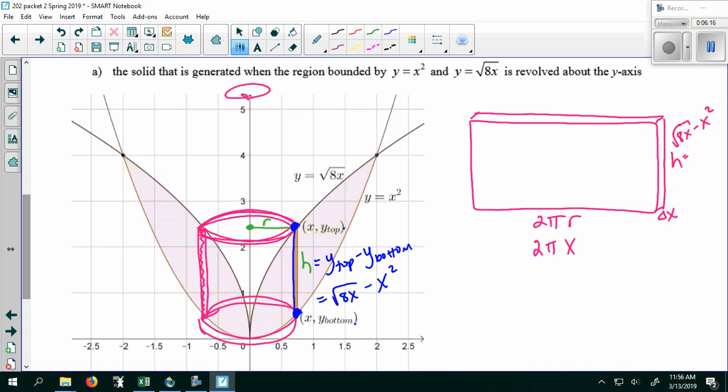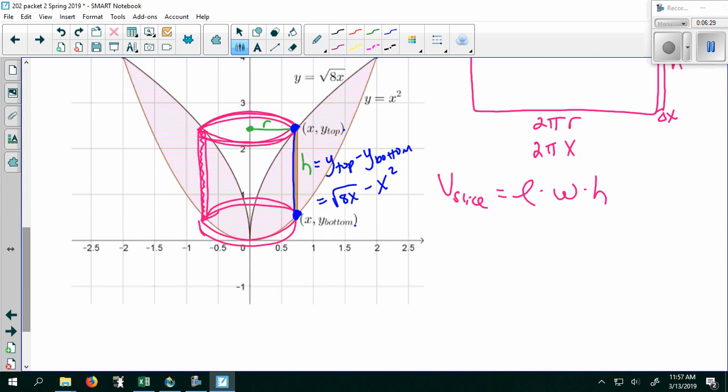Okay, so I have all the pieces for calculating the volume of this one slice. The volume of a slice is length times width times height, because it's a rectangular box. The length is 2 pi x. The width is the delta x. And the height is radical 8x minus x squared.